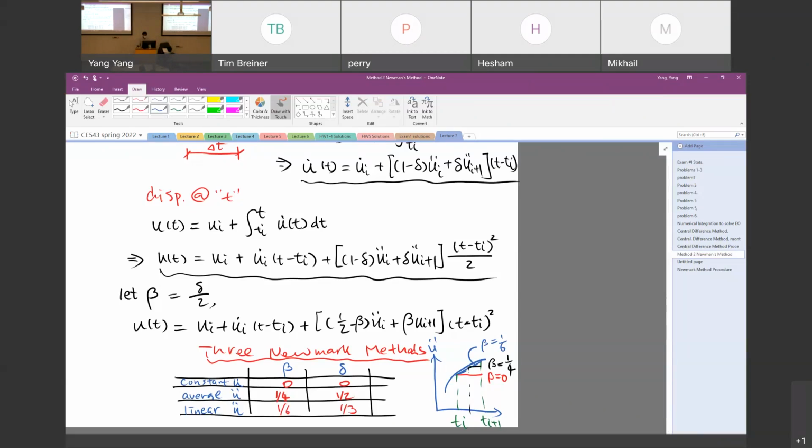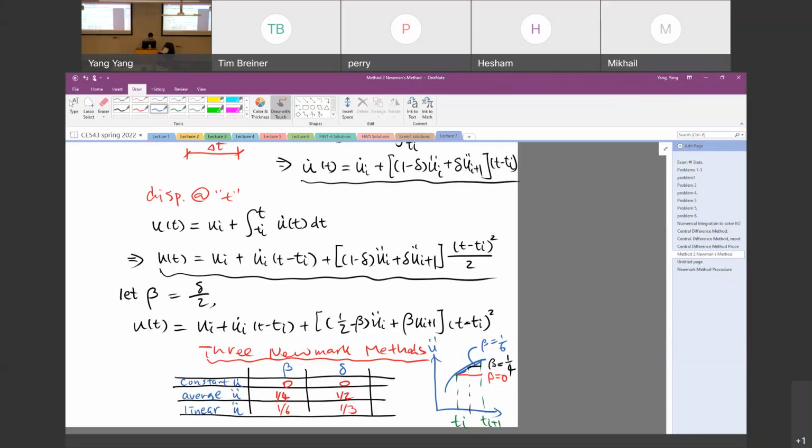So when you do numerical integration, we have to do some approximation here. So any questions up to here? Does that make sense?